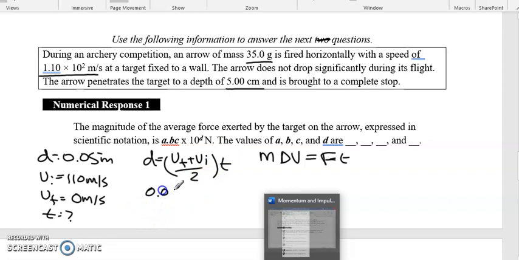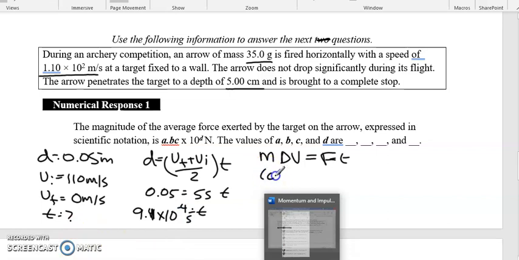That distance is 0.05. Final velocity plus initial velocity is 110, divided by 2 is 55, so 0.05 equals 55t, and we get a time of 9.1 times 10 to the negative 4 seconds. So this is coming to a stop very, very quickly.